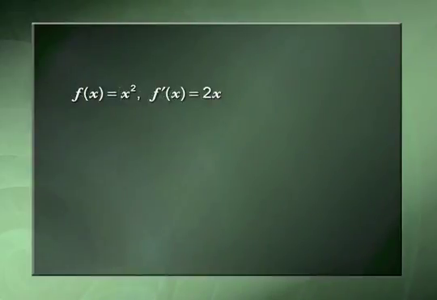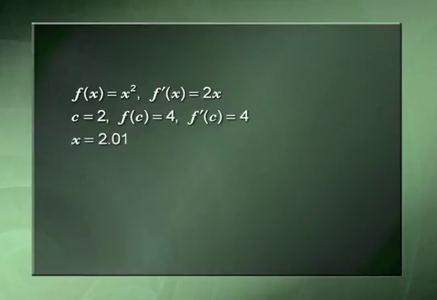Okay, let me do a quick example of this skill. Let's take our old friend x squared, whose derivative is 2x, and ask for the linearization at c equals 2. So f of c is 4. f prime of c is also 4. And let's take a nearby point, say 2.01. That makes my delta x 2.01 minus 2, or 0.01. That's a small horizontal distance.